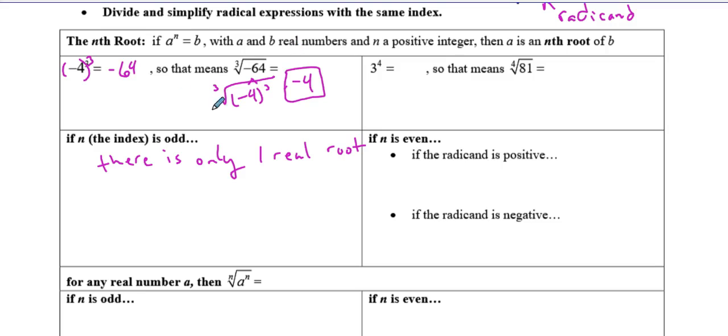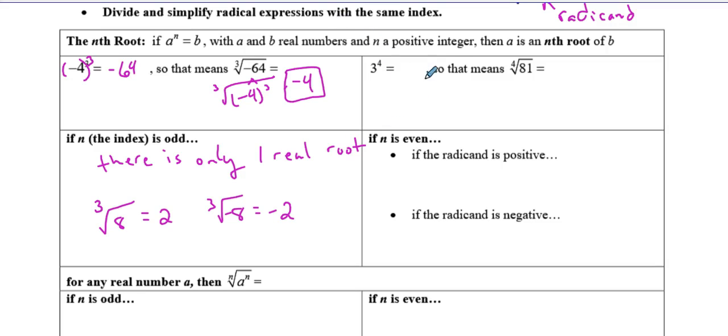If it's a negative 4, it's going to be a negative 4, right? So the third root of positive 8 is 2, and the third root of negative 8 would be negative 2. All right, so that's nice and easy when the index is odd.